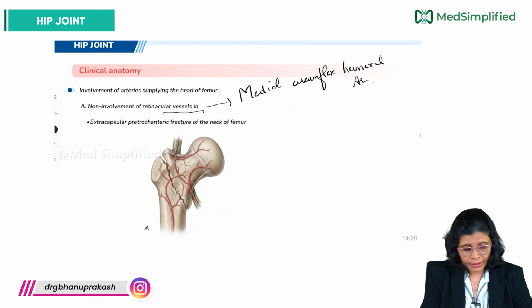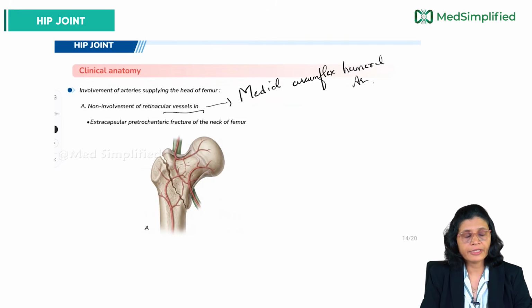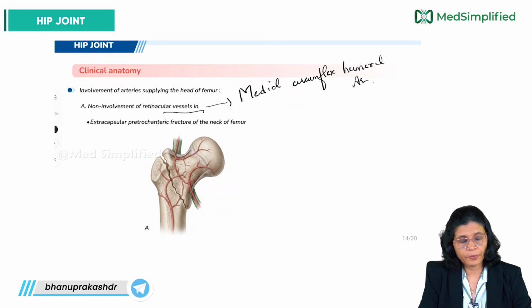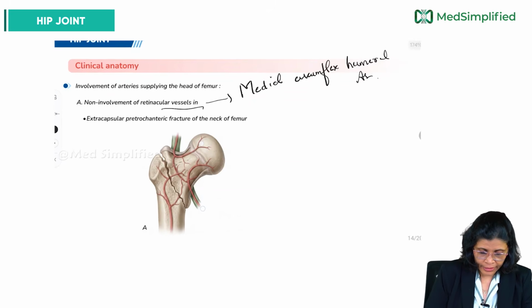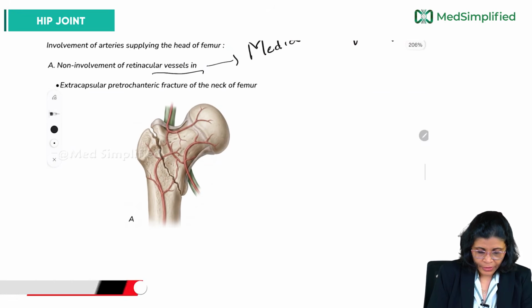So here in extracapsular, the pretrochanteric fracture is extracapsular. When we say retinaculum, they are nothing but the longitudinal arrangement of the fibers of the capsule, the outer longitudinal fibers. So these retinacular arteries pass through this retinaculum. If this is the pretrochanteric fracture, the retinaculum will be along the intertrochanteric line here.